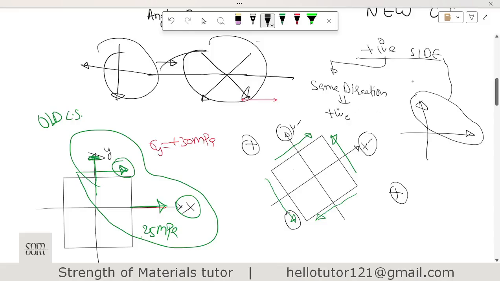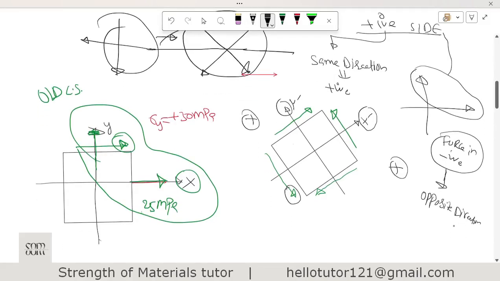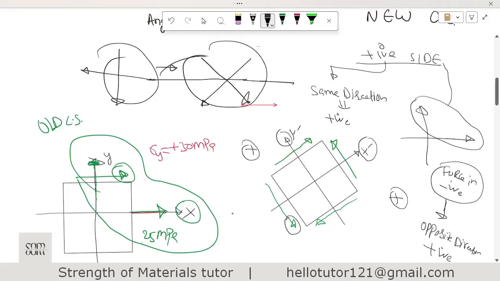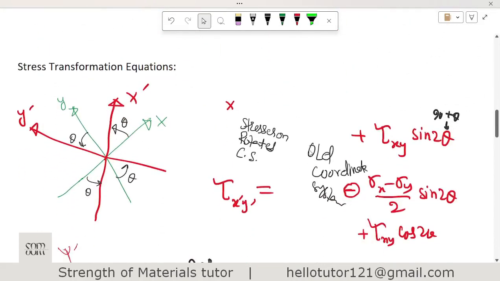But if you are comparing a force from the negative side, then what is the rule? The rule is opposite. If it is opposite, then it is positive. So I hope you understand the sign convention. Let us solve the problem now.